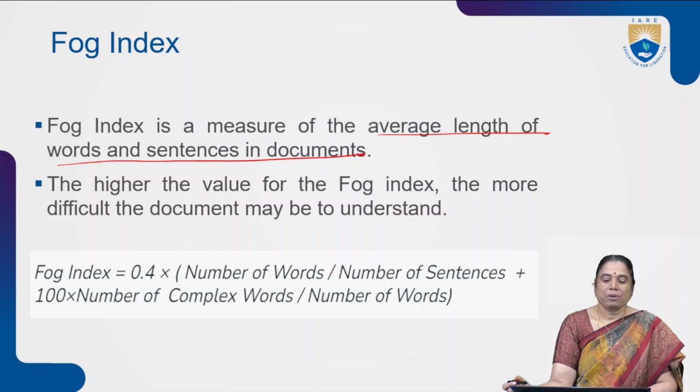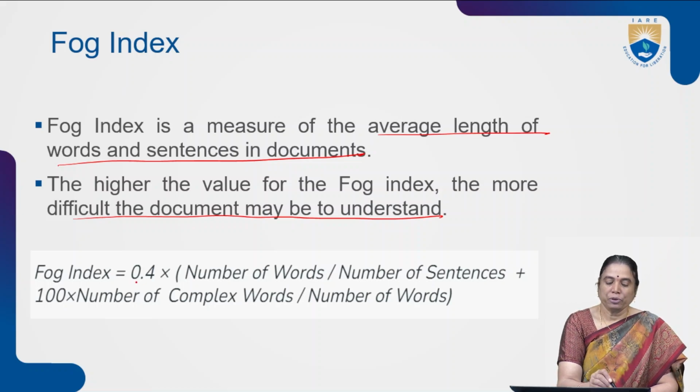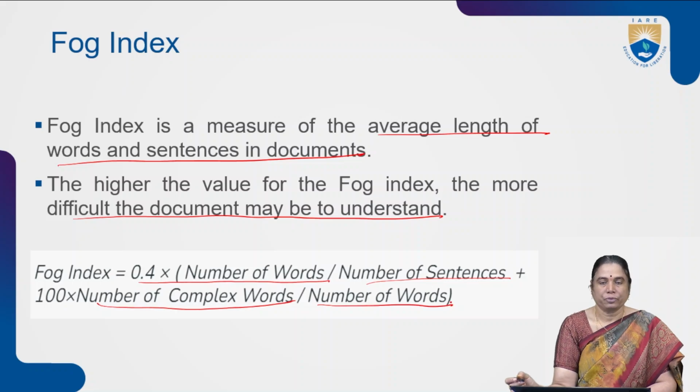The higher the value of the fog index, the more difficult the document may be to understand. To calculate the fog index: 0.04 times number of words by number of sentences, plus 100 times number of complex words by number of words.